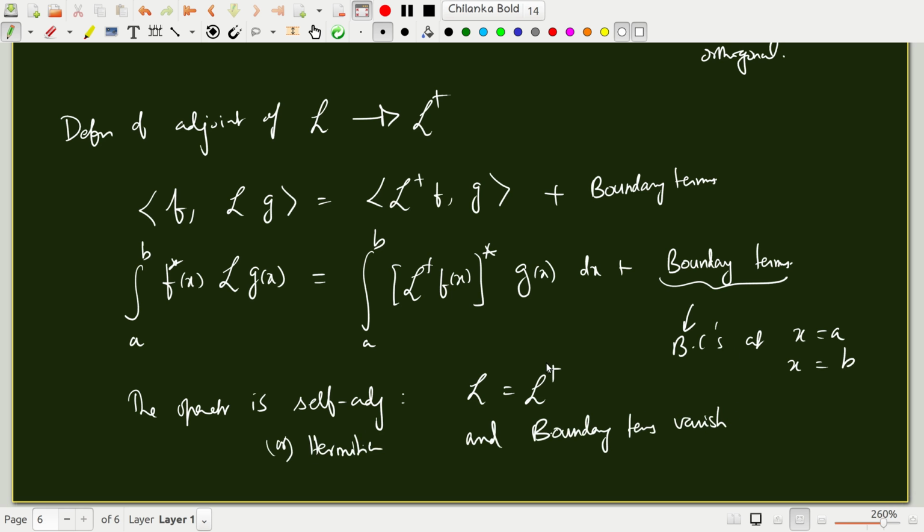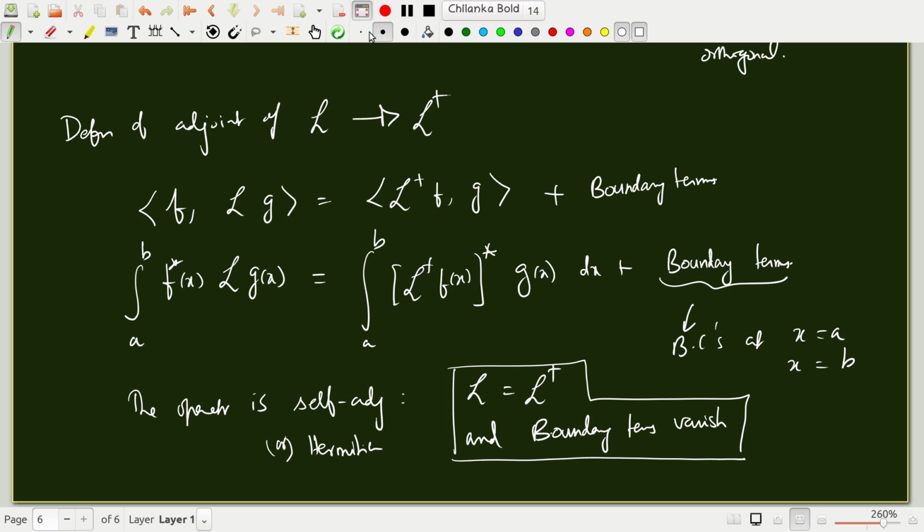Now some textbooks call the operator self-adjoint when L is equal to L dagger, and if this is satisfied plus the boundary terms vanish, they call the operator Hermitian, but I will not make that distinction. I will take self-adjoint and Hermitian to mean the same thing, in the sense that the differential operator L is the same as its adjoint and the boundary terms vanish.